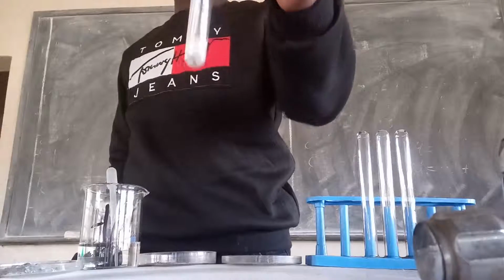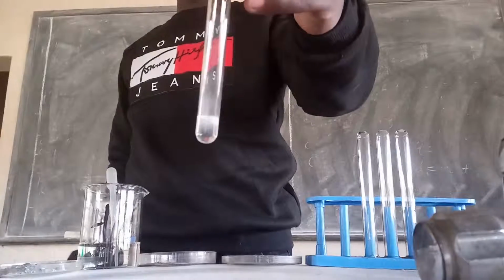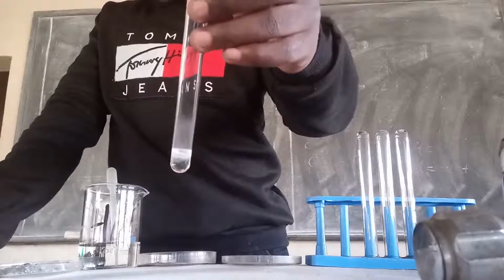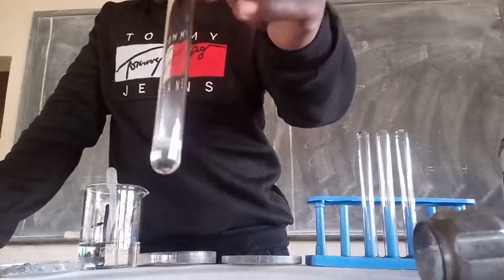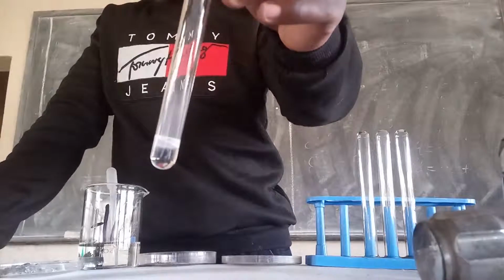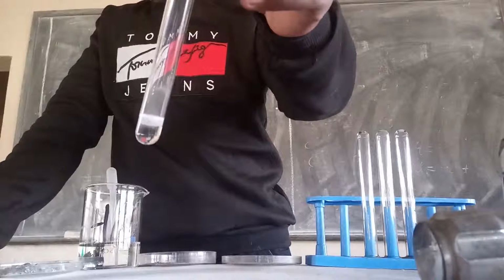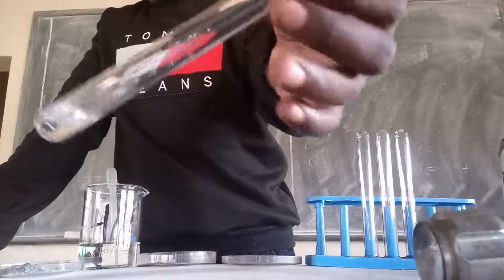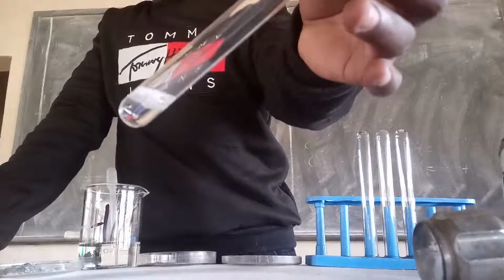So the products being produced here are magnesium chloride plus hydrogen gas. The bubbles that you can see being produced indicate hydrogen gas. And this reaction is very fast, as you can see what's happening in the test tube.